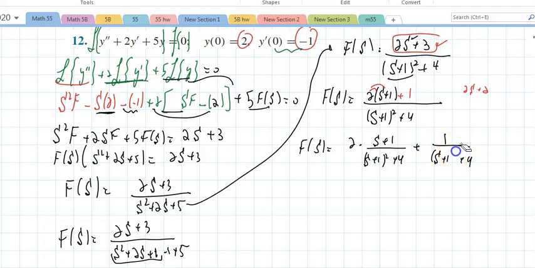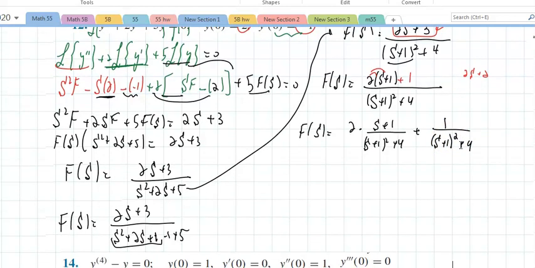Now I'm going to start looking at the table and prep this problem to see how this is going to work. If you have the table next to you, I want to show you, and again, I'm skipping a step. If I apply e to the negative t, that takes care of that shift. That's going to make this s over s squared plus 4.